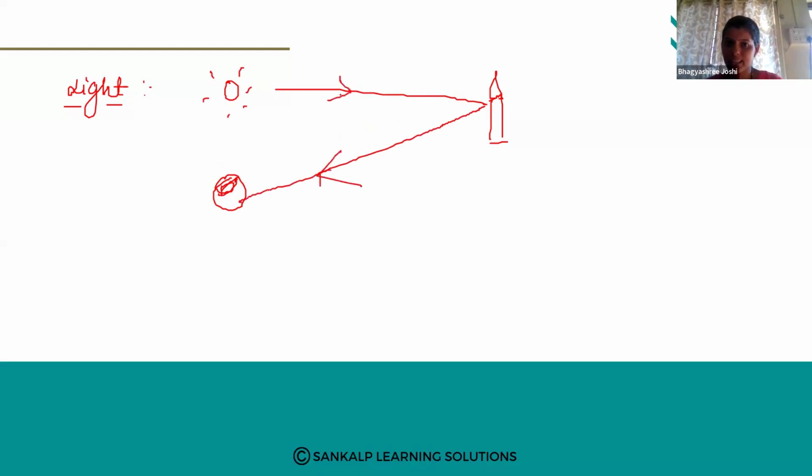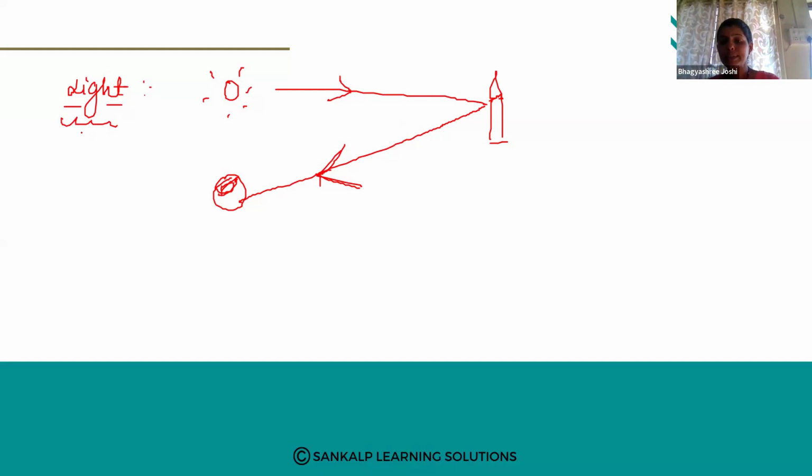So light is coming in this direction, it reflects in this direction, and this reflected ray reaches our eyes. Then we can see the object, right? So when light falls on the object, the reflected ray reaches our eyes, and then only we can see the object. So this is about the light.